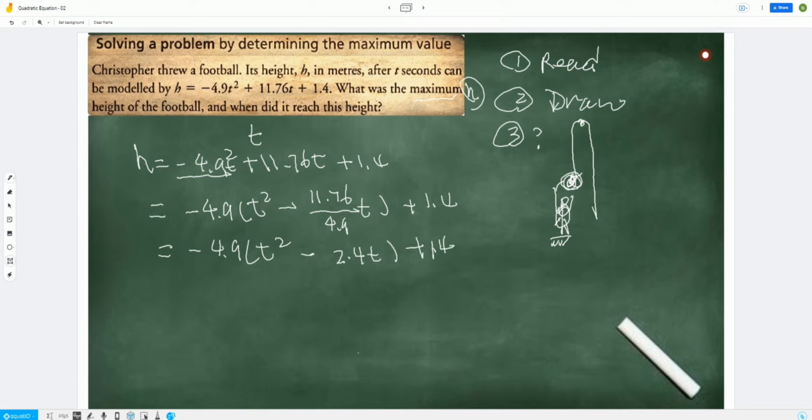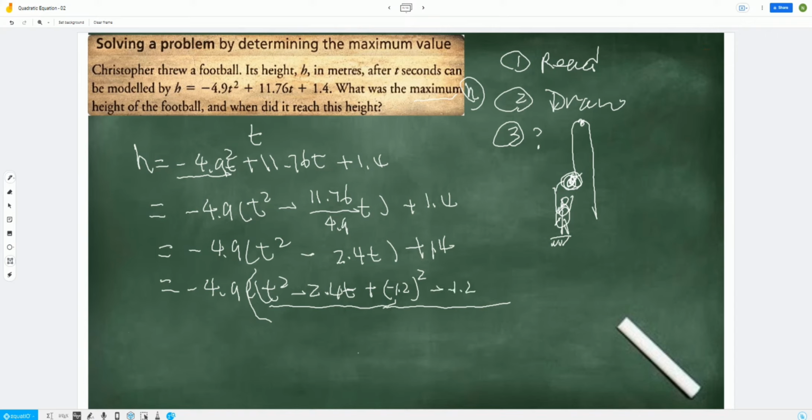1.4 here, okay. And then negative 4.9 and inside t squared minus 2.4 t. In order to make a perfect square, we have to add negative 2.4 over 2 squared, so actually 1.2 squared, right? Because half. And after you add, you have to subtract 1.2 squared.